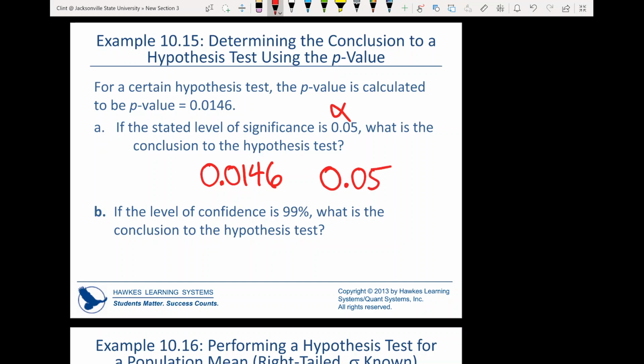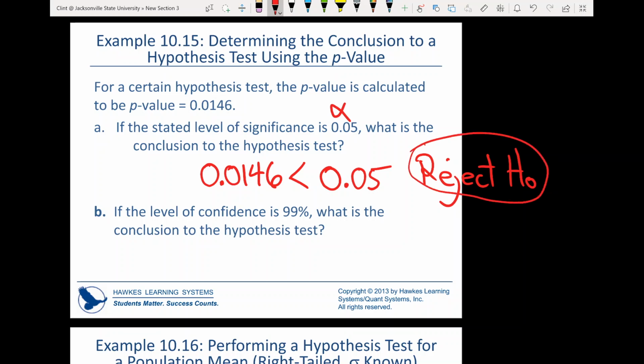Well, 0.0146 is smaller than, it's less than 0.05. So here our p-value is smaller than alpha. Our p-value is low. So what's our conclusion? We would reject the null hypothesis in that case. Okay, so if our p-value is small enough, how small? Smaller than alpha, then we reject the null hypothesis.